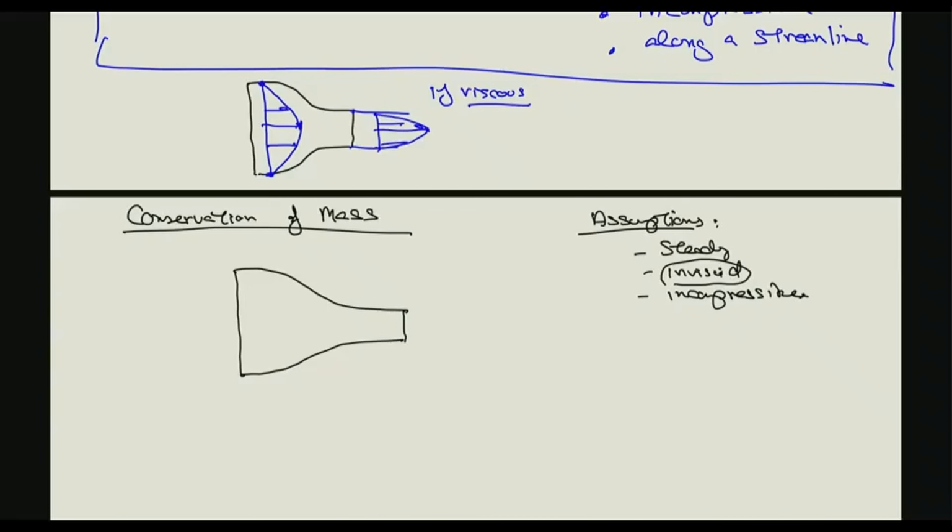That's if it's viscous. But if inviscid, here we have the no-slip boundary condition. If inviscid, then there is no no-slip, which means we have slip.